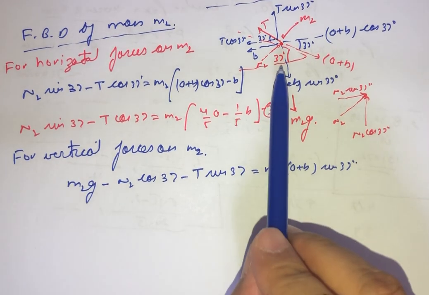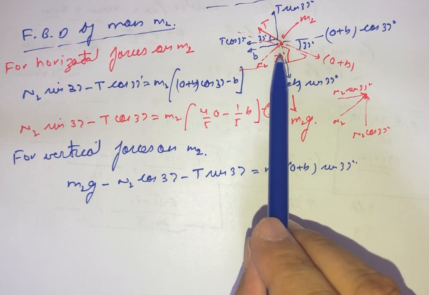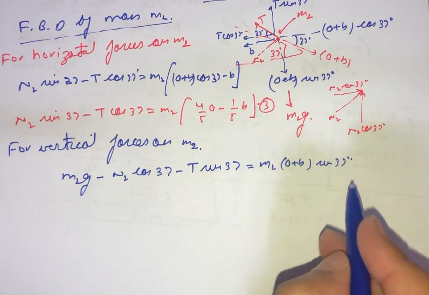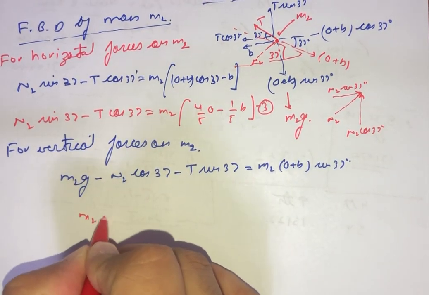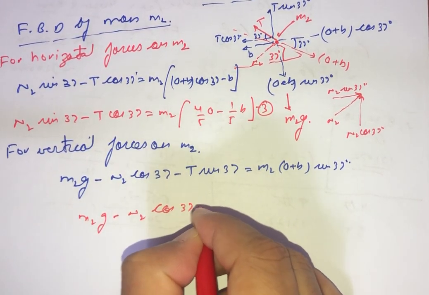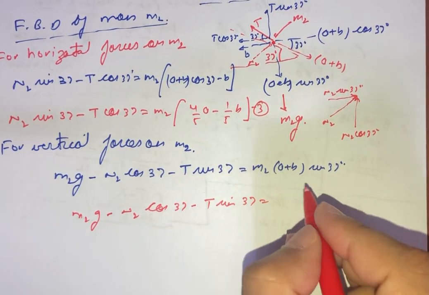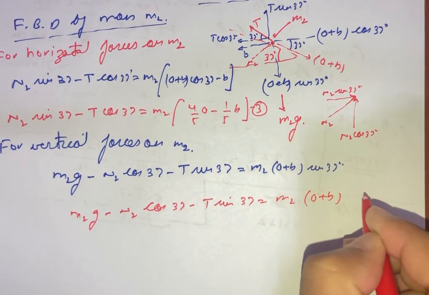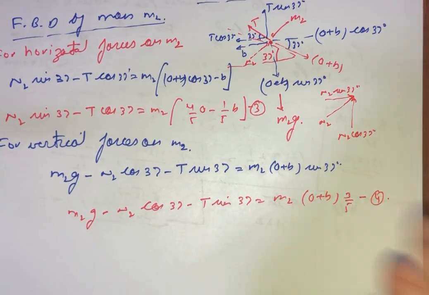Okay, yeah, that's correct. You put the value of sine of 37, we can write this equation as M2g minus N2 cos of 37 minus T sine of 37 is equal to M2 a plus b 3 by 5, and let us call this equation 4.